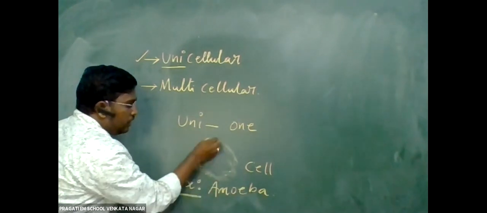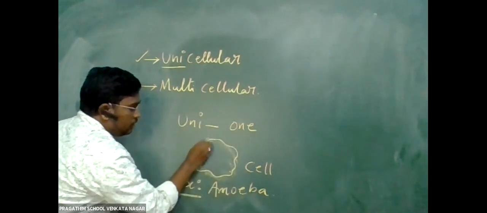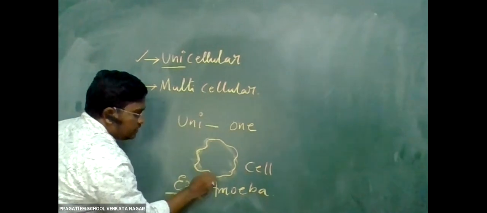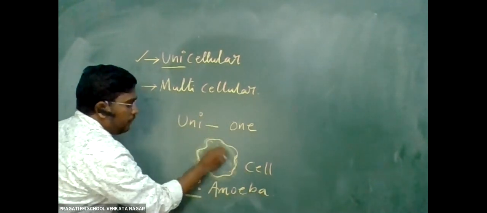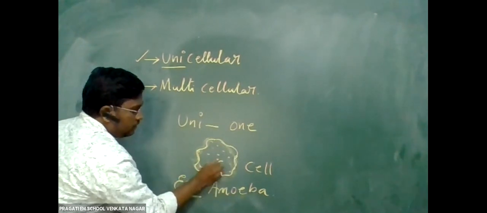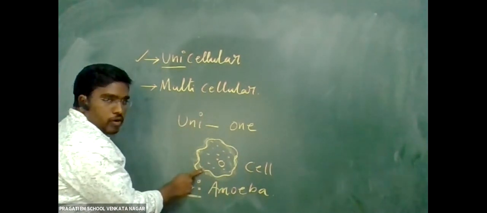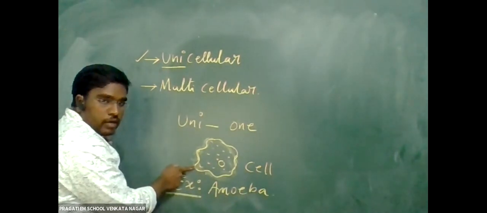It is a shapeless organism, which contains some molecules inside the body. So this is called a unicellular organism, amoeba.